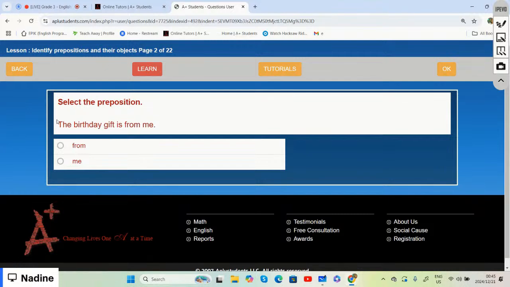We need to select the preposition. It says the birthday gift is from me. Remember the preposition comes before the noun or before the pronoun. Is it from or me? Option one, from, or option two, me?